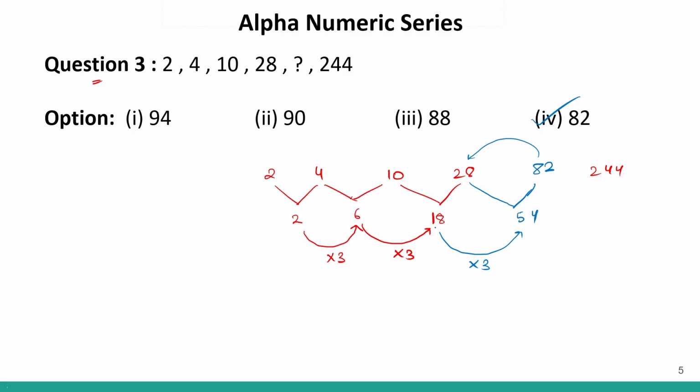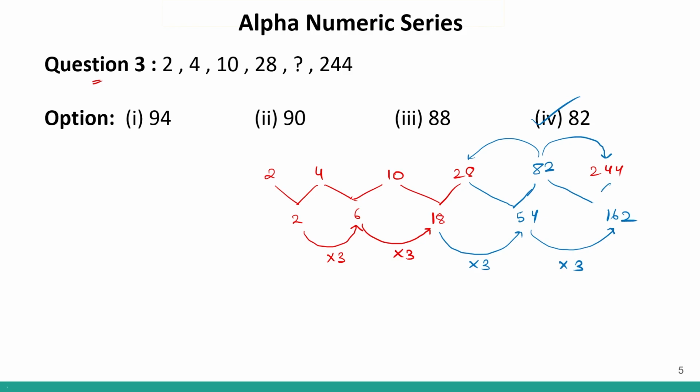This may or may not be correct. It may be correct also. I'm not saying that it will be wrong. It can be correct. But it is advisable that you check it with the previous number, and also check it with the next number. So please complete it. Please check it with the next number. So the next difference will be times 3 again. 54 times 3: this will be 12, 1 carried, 5 into 3, 15, so 162.